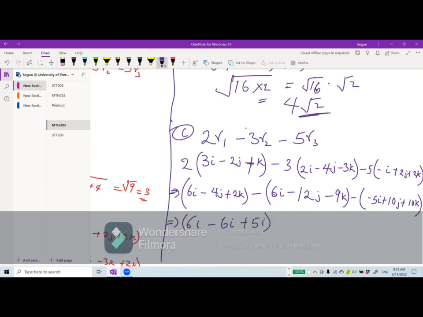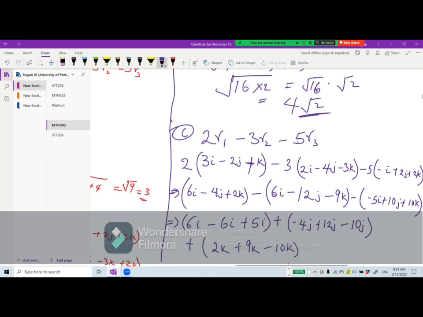Then plus negative 4j, positive 12j, then negative 10j. Then plus 2k, positive 9k, then negative 10k.